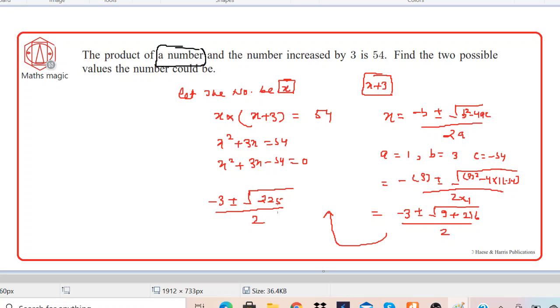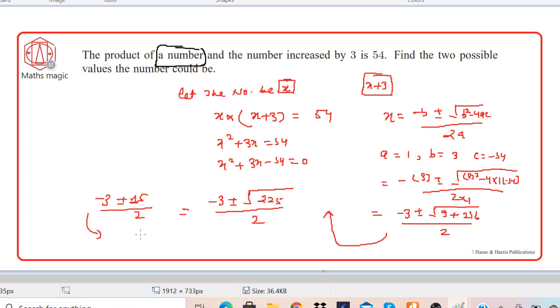Now you have to find the square root of 225, so it is going to be 15 only. You can use your calculator or any technique which you know to find the square root. So it's 15 and then the whole thing divided by 2.